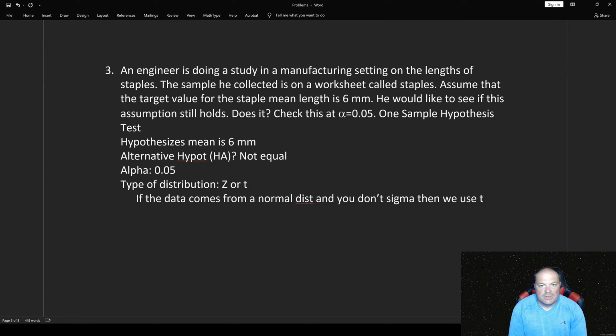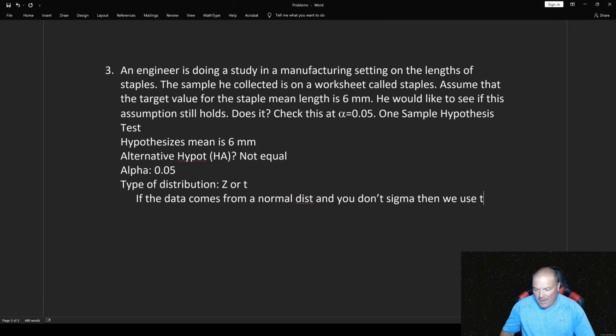In order to use Z, the problem has to specifically state the historical variance is this. Historically, we know the variance is this. We expect the variance to be this. That kind of thing. If you're just given a sample, then you don't know the true sigma. If you're given sample statistics, you don't know the true sigma.